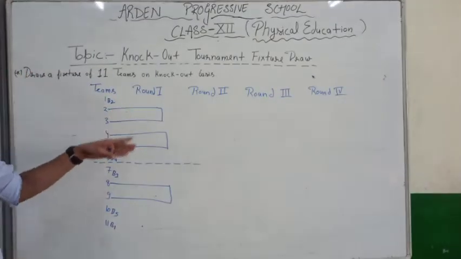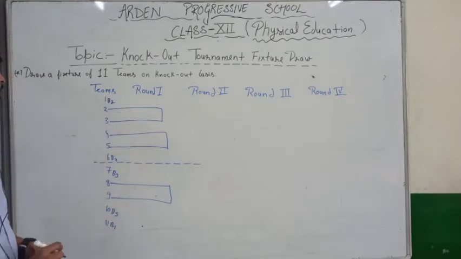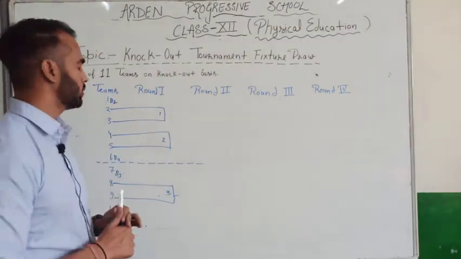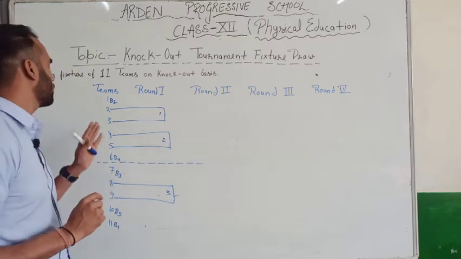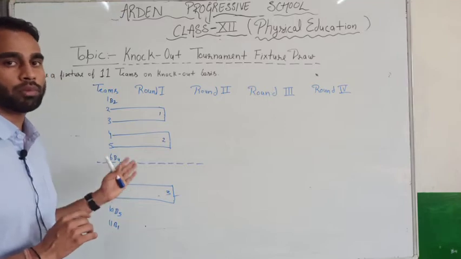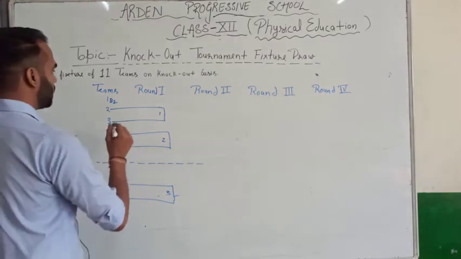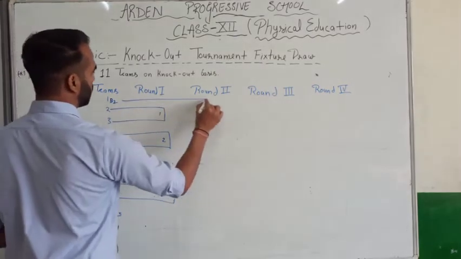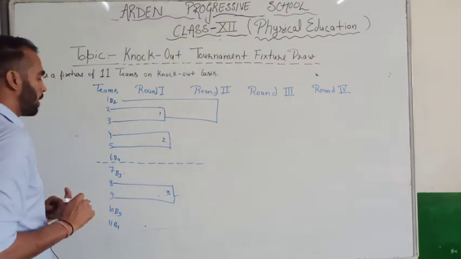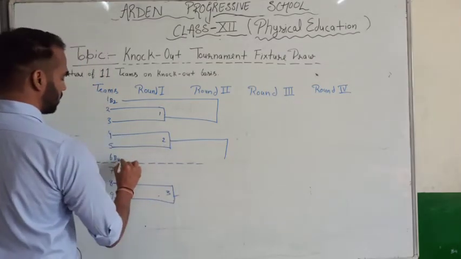This is the way to show how to conduct the matches in a fixture. Okay class, so now entering round 2. In round 2, the teams that had a bye will enter. The first team to enter round 2 is number 1 and the winner of this group. The second match is the 4 or 5 winner and number 6.